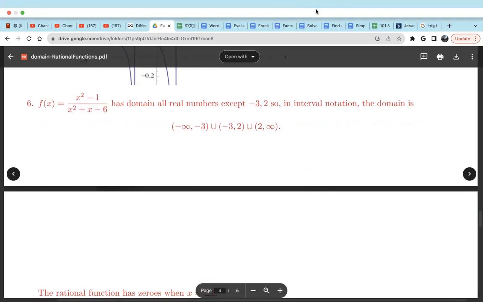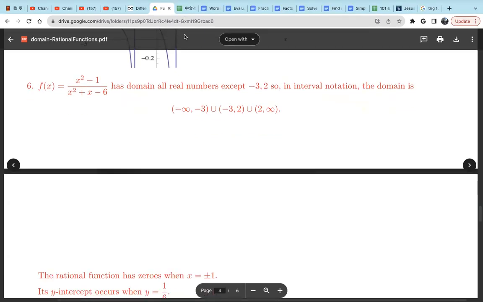Well, let's see question 6. So the denominator needs to be factored. We need to think of factors of -6 that add up to 1. Well, we factor -6 as +3 times -2, right?